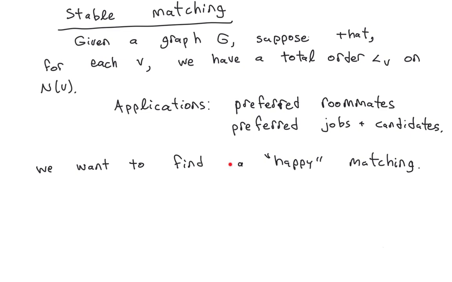You want to find a matching so that as many people are matched as possible, but with the property that none of the non-matched edges is preferable. Given a non-matched edge, it must be the case that U prefers the person they're currently matched with, or V prefers the person they're currently matched with.